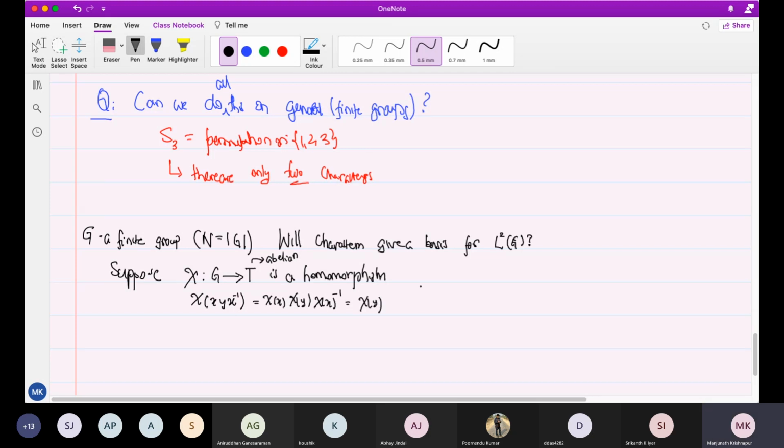What this shows is that chi is constant on conjugacy classes.